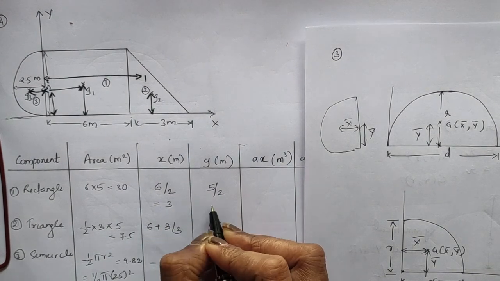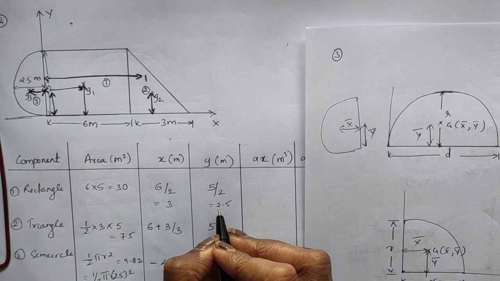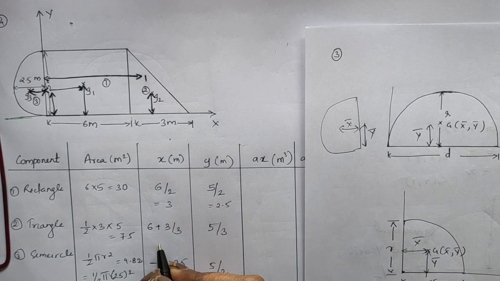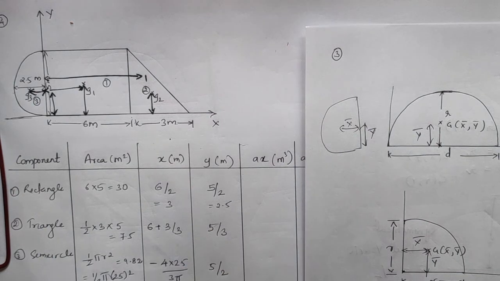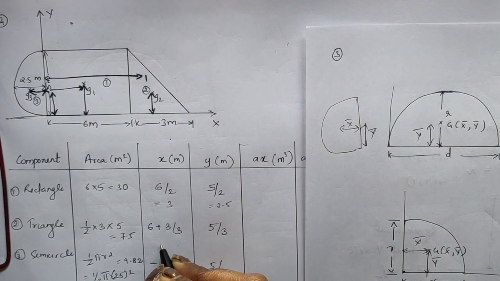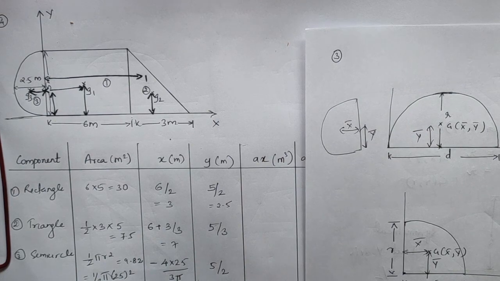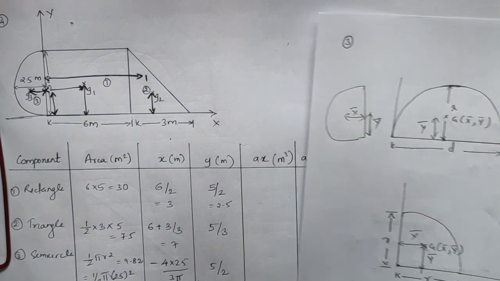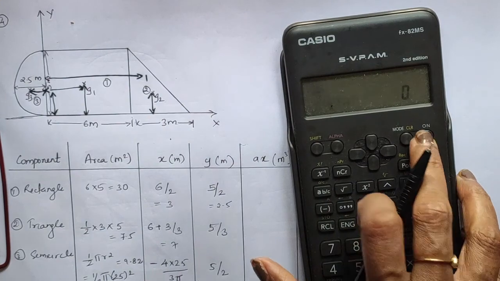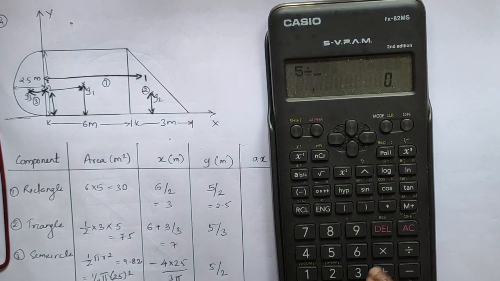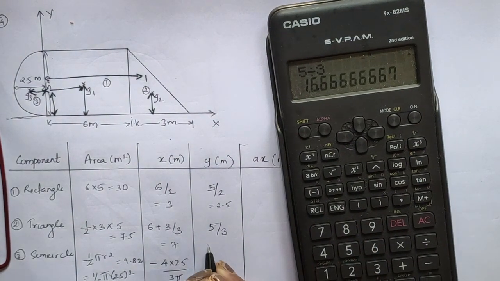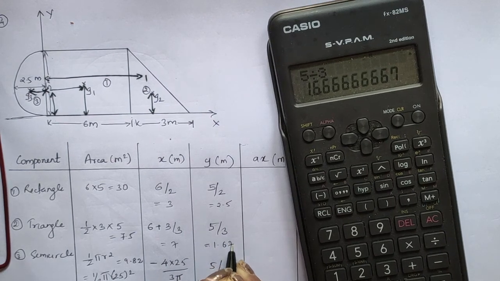This is 3, this is 2.5, this is 6 plus 1, 7, this is again 2.5, and this answer I'll be finding out. Okay, it is 5 divided by 3 is 1.67.